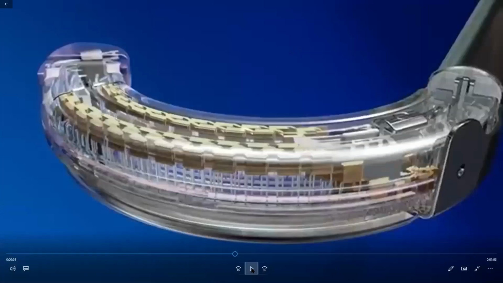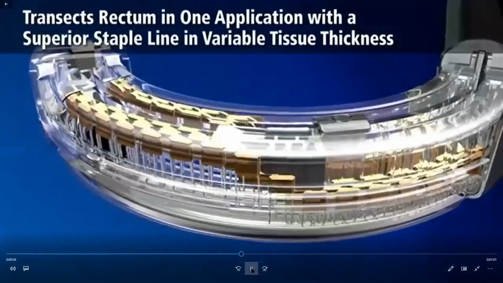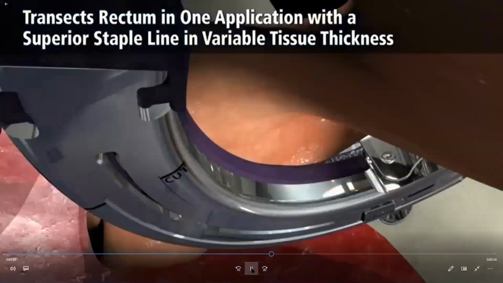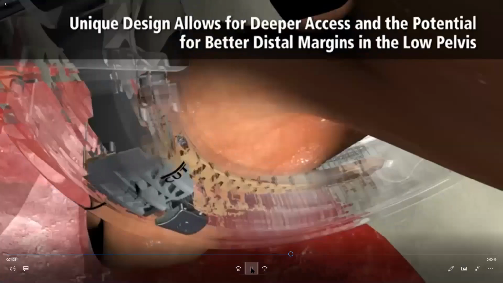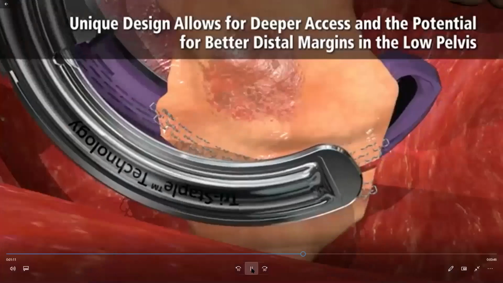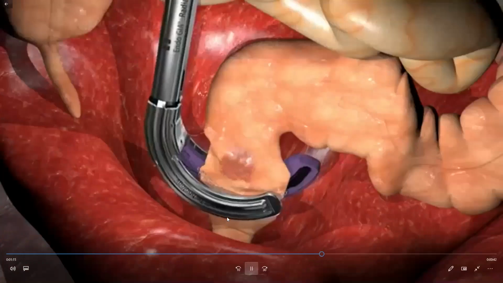It is doing both works at a time. If you see at this point of time, there is a cut in the colon, and the staple is also done.